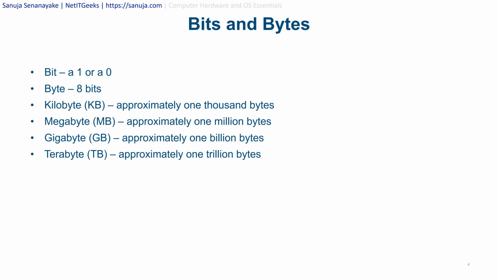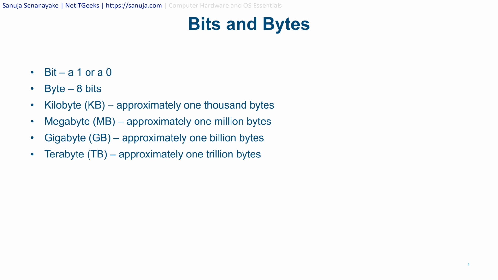So let's go back to the fundamentals of computer science. That includes how we store data. Bits and bytes is how we actually store data. Computers cannot understand human language. Computers cannot interact with what we call analog signals.